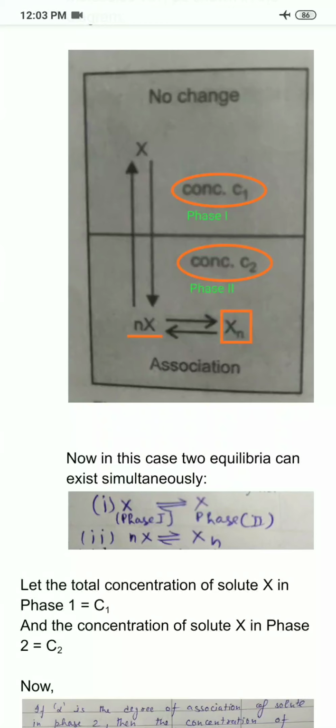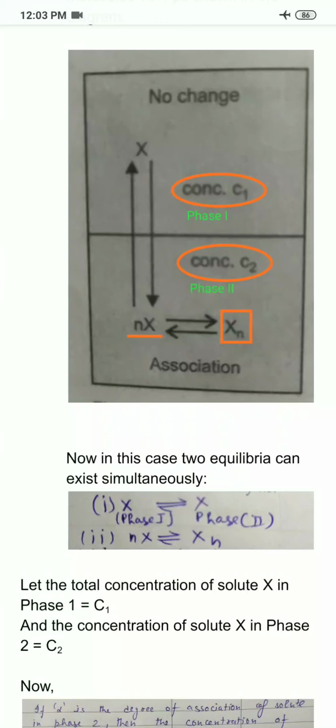And case 3 is if solute undergoes dissociation in both the solvents. It means solute is dissociating in solvent 1 as well as in solvent 2. And the last case is if solute enters into chemical combination with one of the solvents.